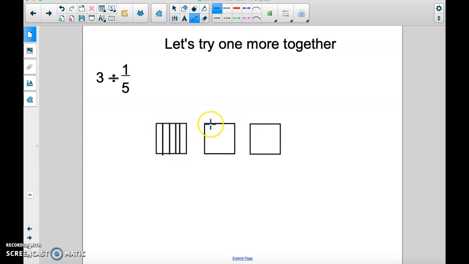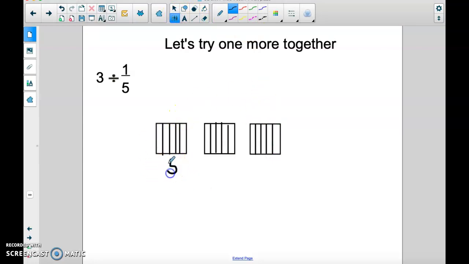So that's fifths, and again, they're not going to be perfect, and that's okay. And then we would count up how many groups of 1/5 there are. Well, I know there's 5 here, there's another 5, so that's 10 total. And then 15. So 15 total groups of 1/5 in 3 wholes. So 3 divided by 1/5 equals 15.